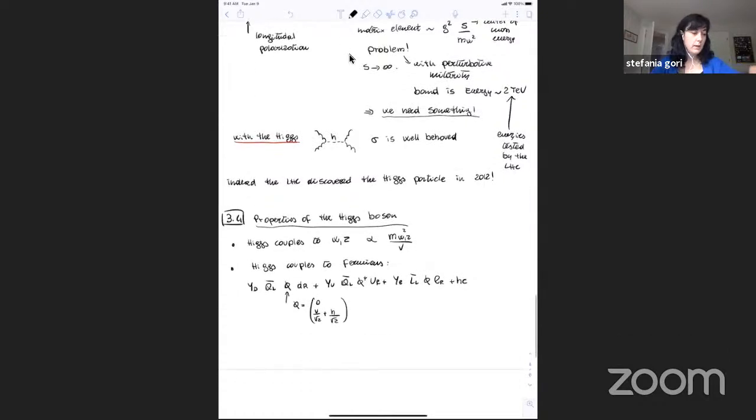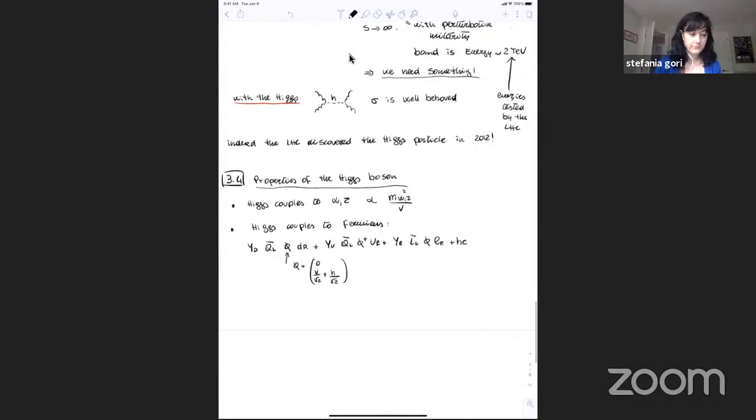And then if we do this exercise, what we will see, for example, if you take this first term, you will have something like D left, then you have (v plus h) over square root of 2, D right. And you see that this term here is giving us the mass of, in this case, the down quark.